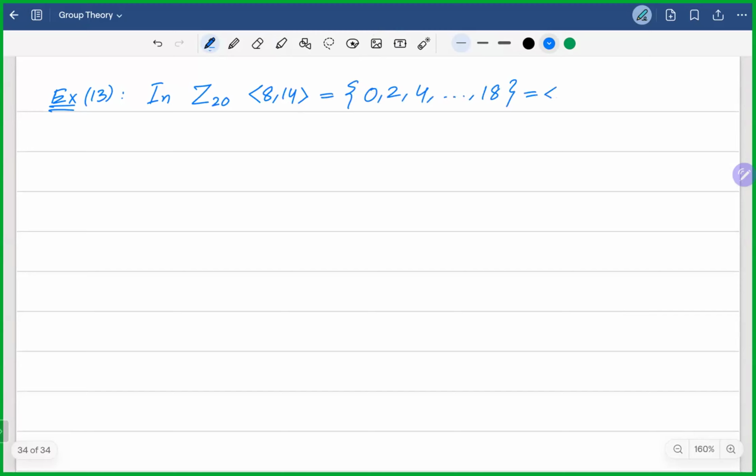And this is also generated by 2. And in Z, the subgroup generated by 8 and 13 is actually similar to Z.